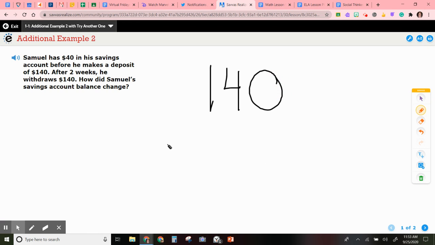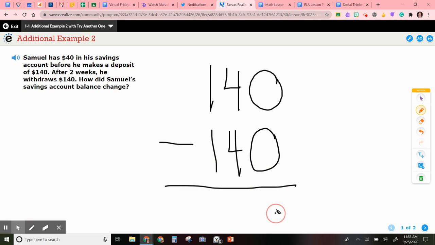And then after 2 weeks, he withdraws $140. What's $140 minus $140? 0. Samuel's savings account balance did not change. Please move on to the next task on the slide.